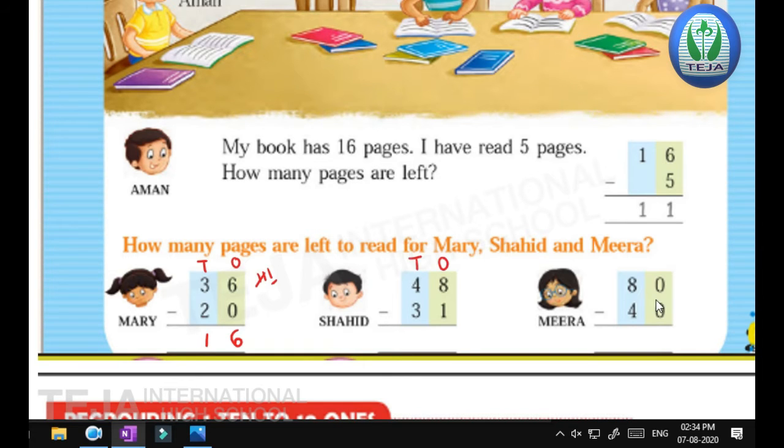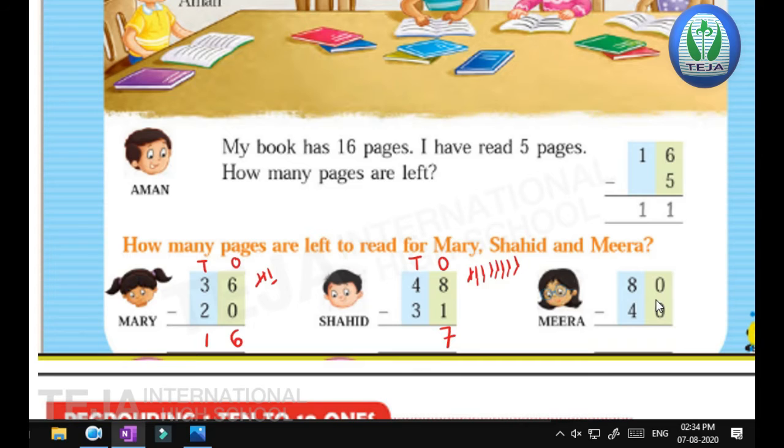Ones, tens. Now subtract 8 minus 1. We'll draw 8 lines here. 3, 4, 5, 6, 7, 8. From that you have to strike off one line. So now how many are left over? Count it. 1, 2, 3, 4, 5, 6, 7. So 8 minus 1 is how much, children? 7. Write 7 here in the ones place.